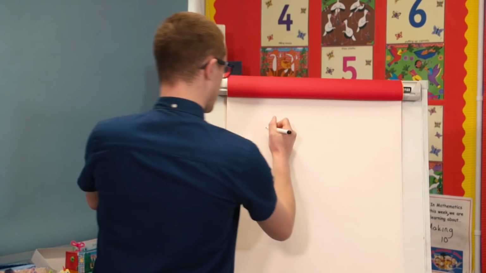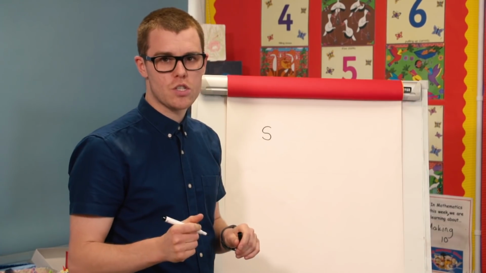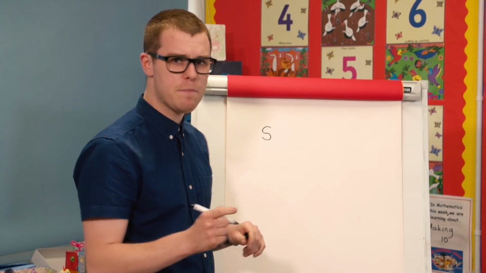Now, let's practice spelling a tricky word that you've met before. Some. Segment the sounds with me. Some. S. Let's count how many sounds there are. S. That's 3 sounds. Watch me write some. S. Can you remember the tricky bit?